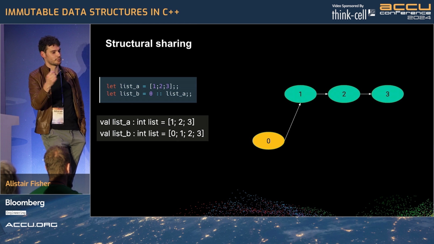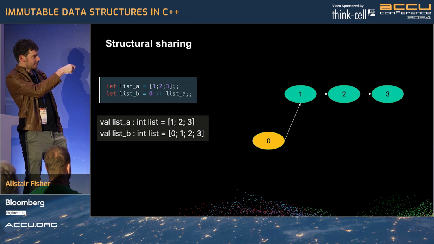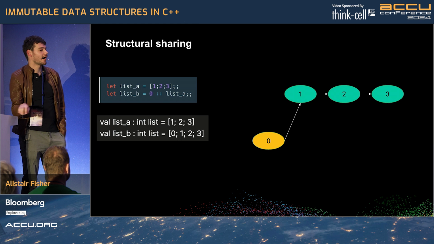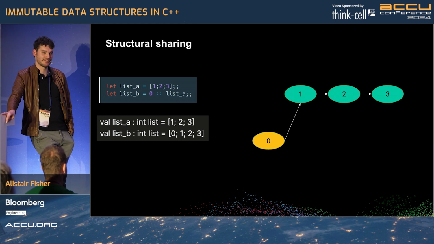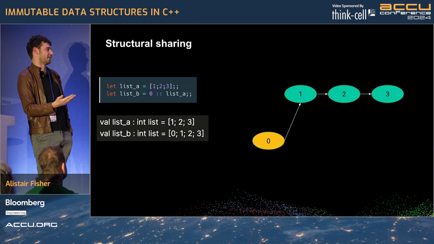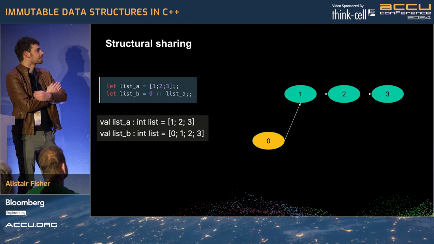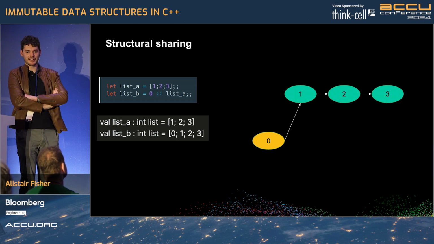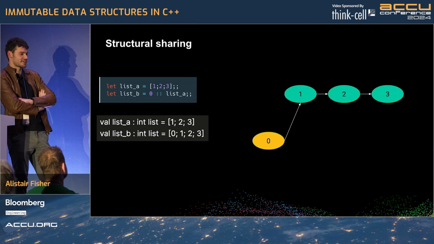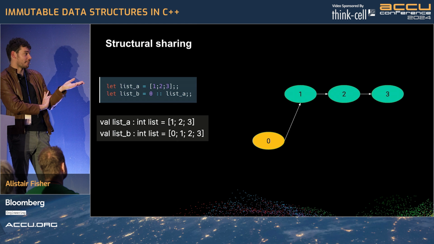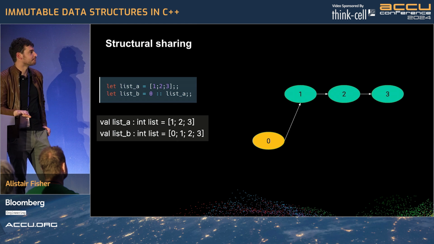So list A is the green one, list B is the yellow bit plus 1, 2, 3. And I've got two completely independent lists from the point of view of the programmer, but behind the scenes, I've effectively got one list with 4 elements, right? This is pretty cool. So I think often when we think about mutability, we think speed and performance, but actually, sometimes you can exploit immutability to save yourself time and memory, which I think is quite neat.